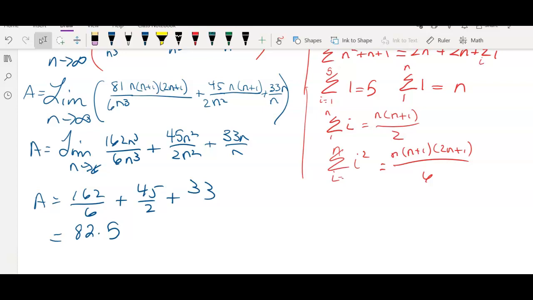It's just a lot more complicated. But does the idea make sense? If you take all these rectangles, as you make them smaller and smaller, you get rid of those areas on the outside and those areas you're not using on the inside. And they become the exact area under the curve as you get to infinity.